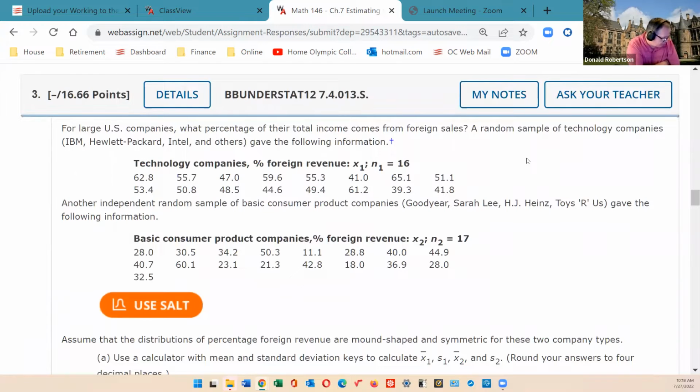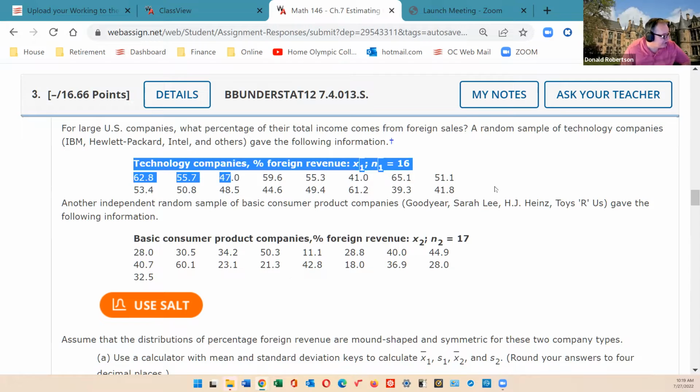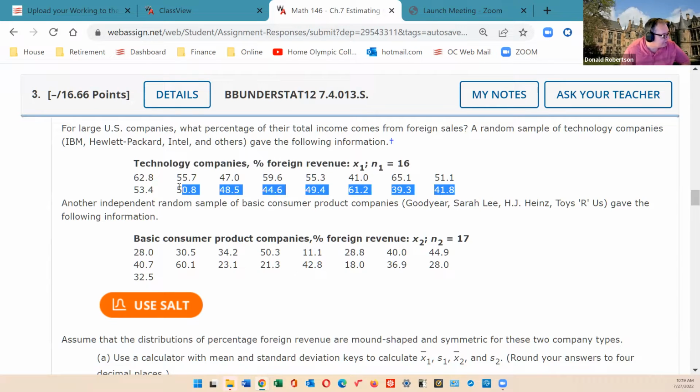Next question. For large American companies, what percentage of their total income comes from foreign sales? A random sample of technology companies like IBM and Intel, those kind of places, gave us the following information. So here are 16 major companies, and this is the percentage of foreign revenue.